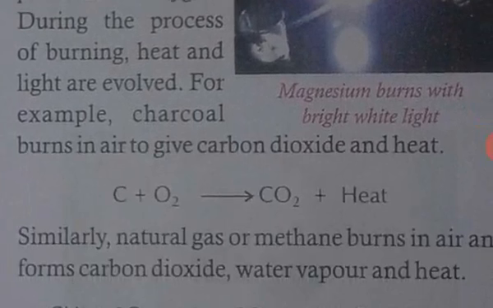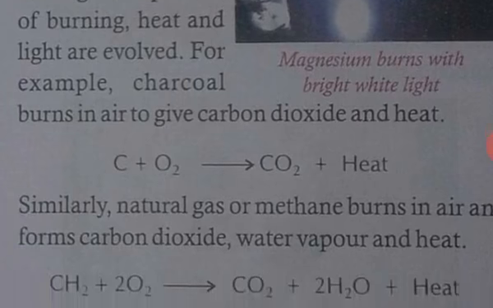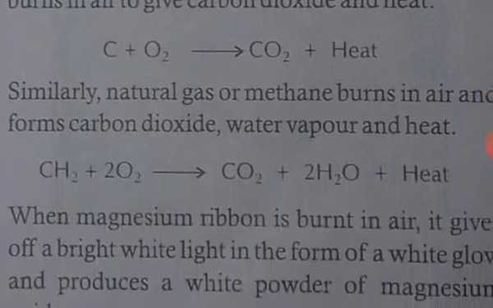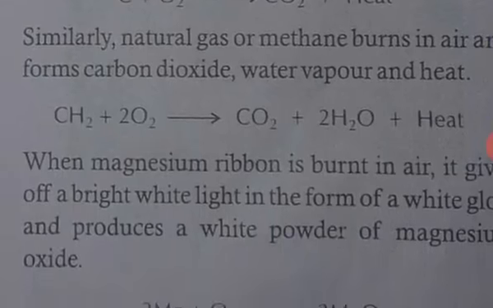However, combustion need not always occur in air. It can occur in some other gases also, that is, antimony burns in chlorine gas to produce heat and light. Similarly, natural gas or methane burns in air and forms carbon dioxide, water vapor and heat.